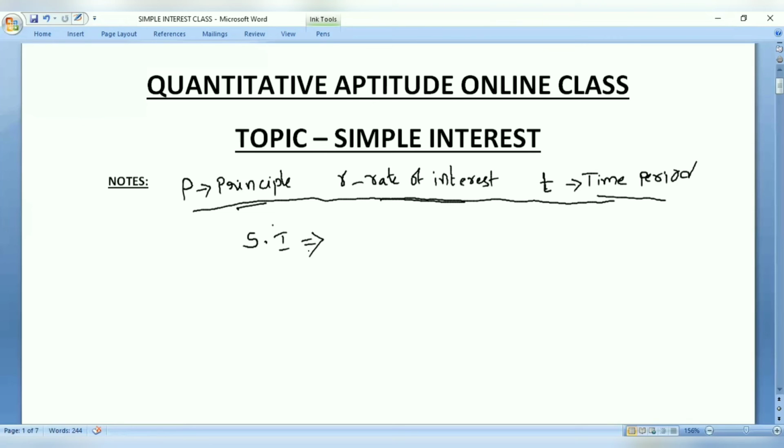That means your principal of 100 rupees remains the same throughout the contract period with the bank. The bank says 2 years is the contract, and within 2 years you get this particular rate of interest. In such cases, with the time period mentioned, the principal will not change. So that is the concept of simple interest.